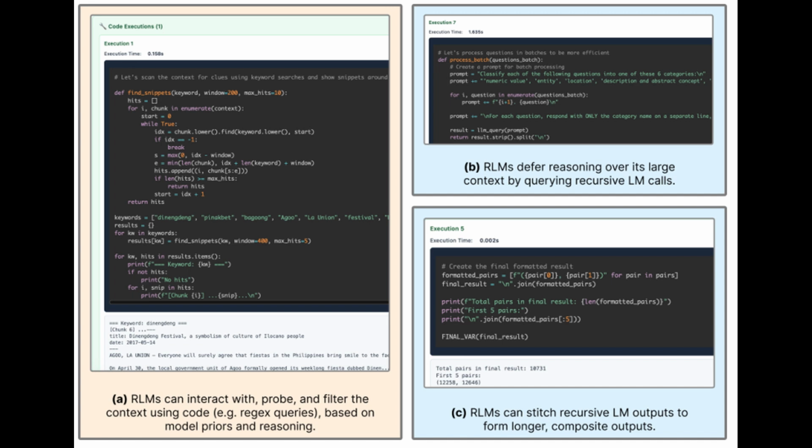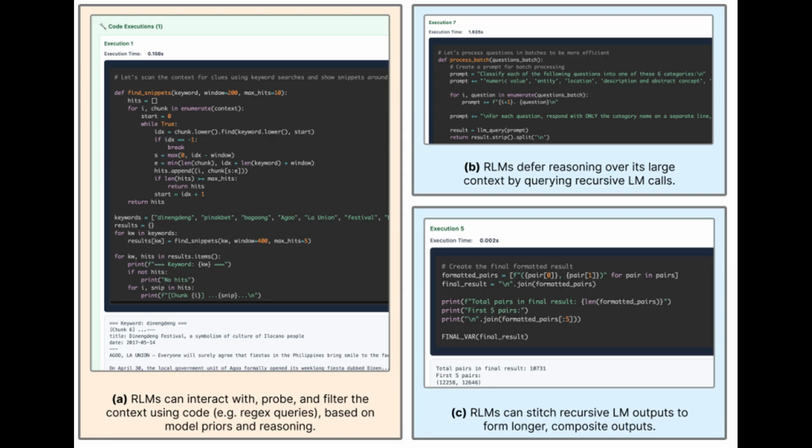Let's look at some of the specific strategies RLMs use when interacting with their environment. The paper identifies several key patterns. This figure shows three main interaction patterns. In panel A, we can see RLMs using code to interact with, probe, and filter their context. Look at that code. It's defining a function called find snippets that uses regex to search for keywords in the context.